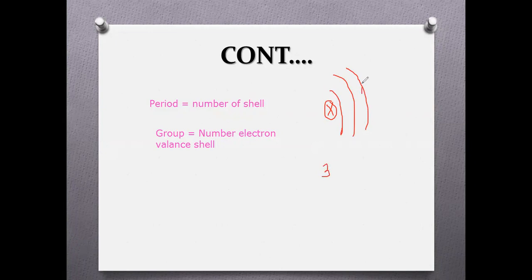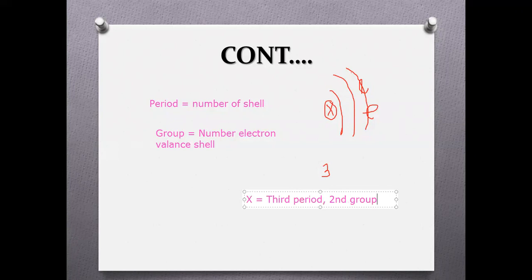If it has 2 valency electrons, then X belongs to the third period, and the group is the second group. So simply you can understand, guys.